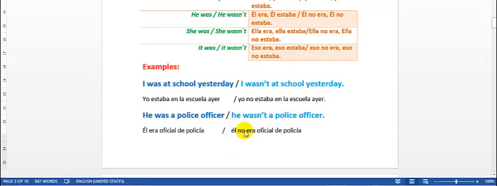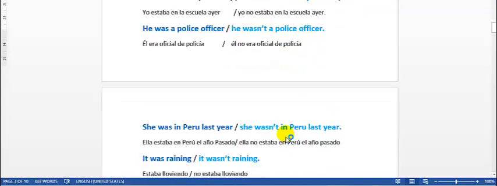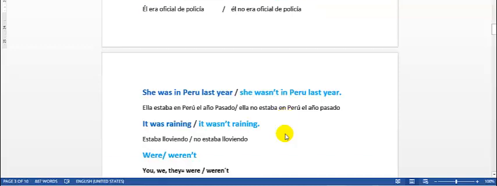Another example to share, otro ejemplo para compartir. He was a police officer. Él era oficial de policía. Negative, he wasn't a police officer. Él no era oficial de policía. So let's continue here with another example. Vamos a continuar aquí con otro ejemplo.